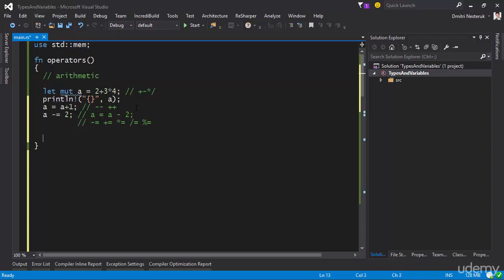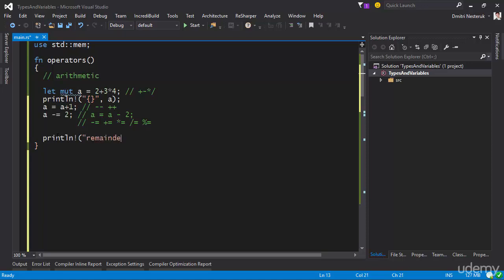Oh, actually, let's talk about it now, because essentially the percent operator in Rust gives you the remainder of the division. So right now, the value of a that we have is what, 14 plus 1, 15 minus 2, so it's 13. So let's do a remainder of the division of 13 by something else.